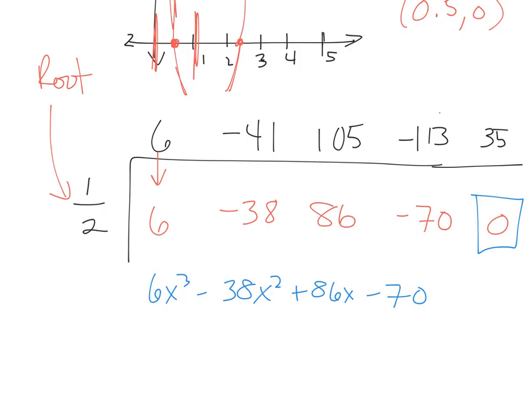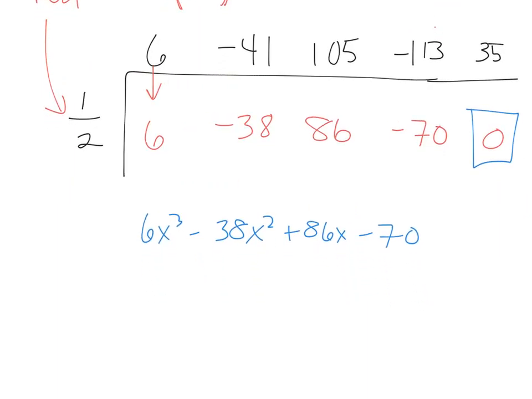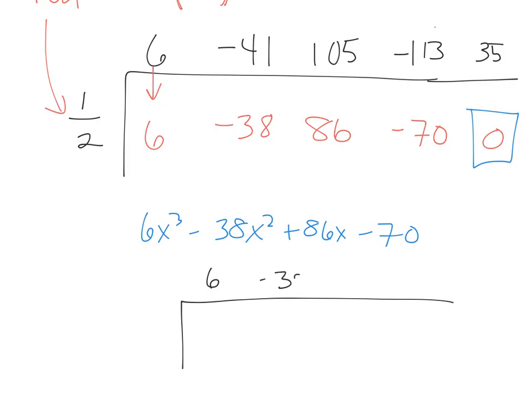We're going to use these values as the heading for this new table. Our heading: 6, -38, 86, -70. And we're going to try to run 7/3 through this table. It's going to be really messy. So this is not an ideal situation, but we have to do it to get the next depressed equation. So let's bring down the 6 right away.